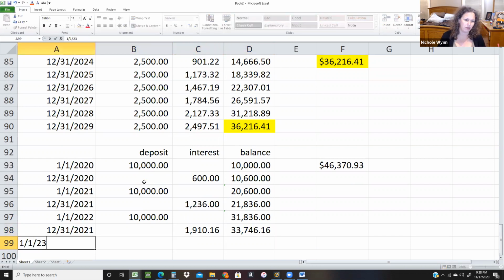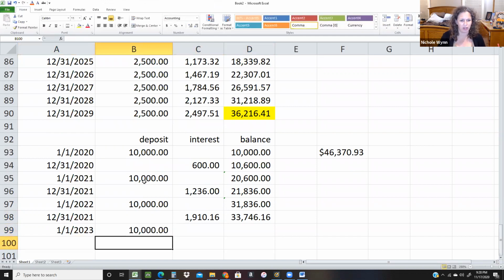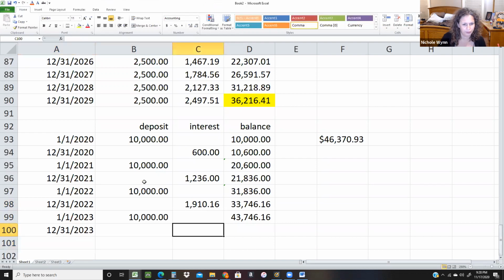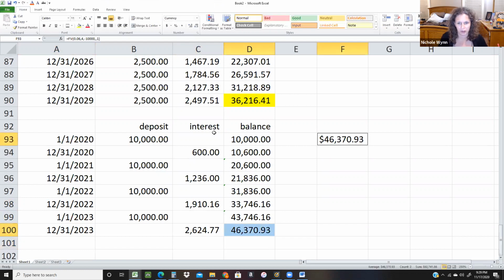And on 1/1 of 23, I'm going to deposit $10,000. And I have 43,746. But then on 12/31, I have 46,370.93.